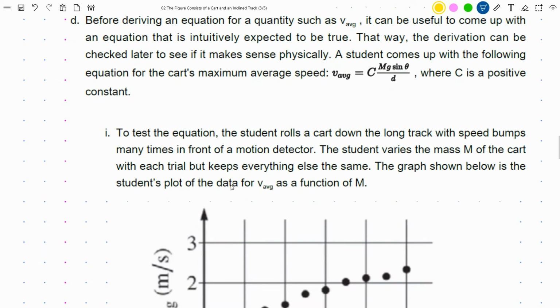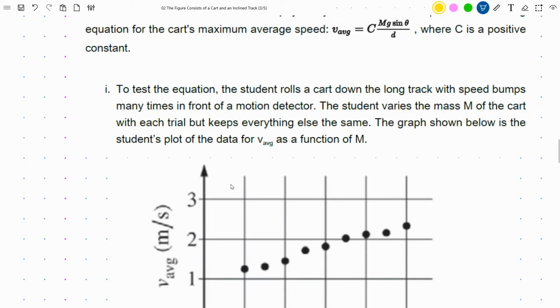So we're given this hypothetical student's equation where C is a positive constant, and of course you can see our variables: the mass of the cart, the g value, the acceleration due to gravity, the angle of the incline, and the bump spacing d. Part 1 here says, to test the equation, the student rolls a cart down the long track with speed bumps many times in front of a motion detector, and the student varies the mass m of the cart with each trial.